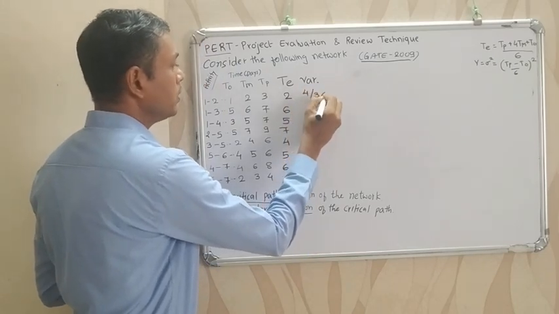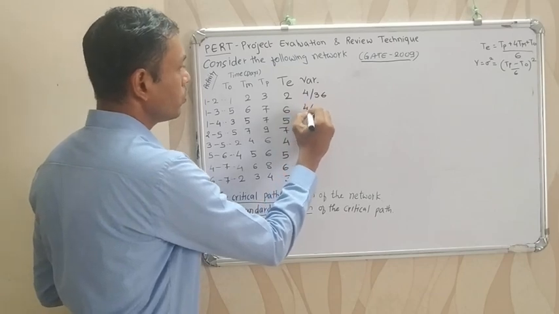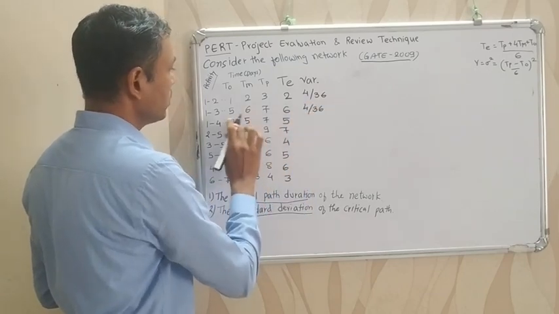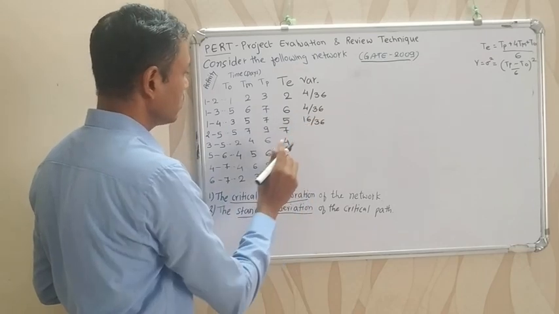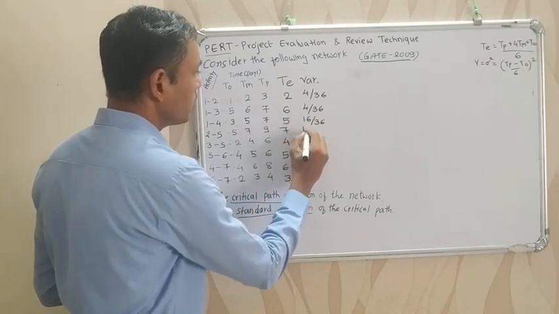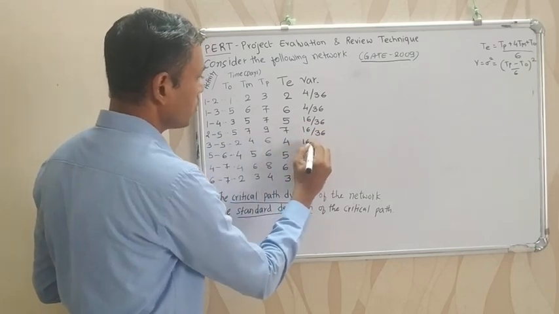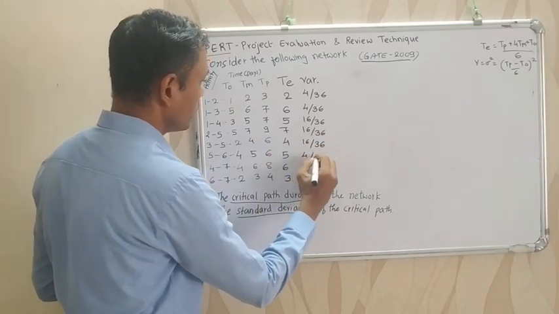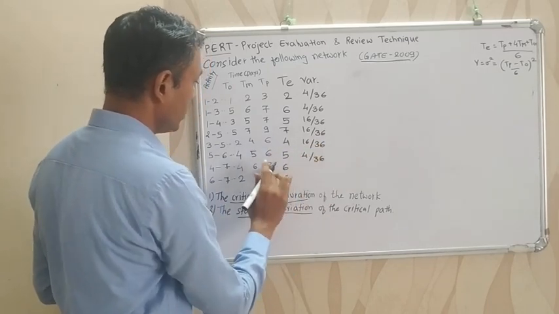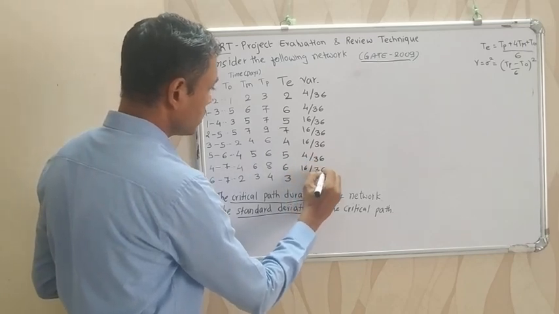4 by 36. Here it is 7 minus 5, also 2, so it is also 4 by 36. 7 minus 3, 4, so it is 16 by 36. 9 minus 5, 4, 16 by 36. 6 minus 2, 16 by 36. 6 minus 4, 2, so it is 4 by 36. 8 minus 4, so it is 16 by 36.